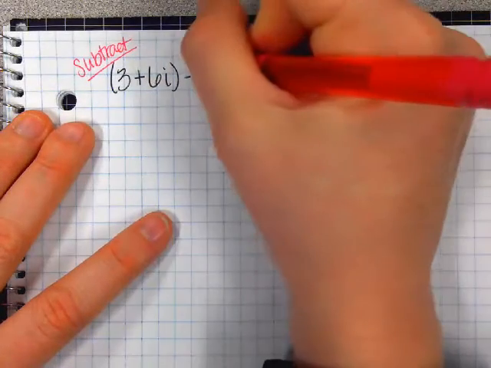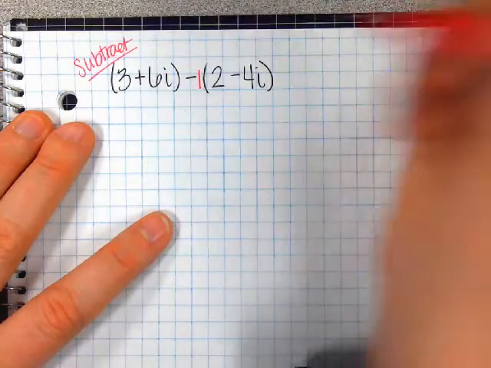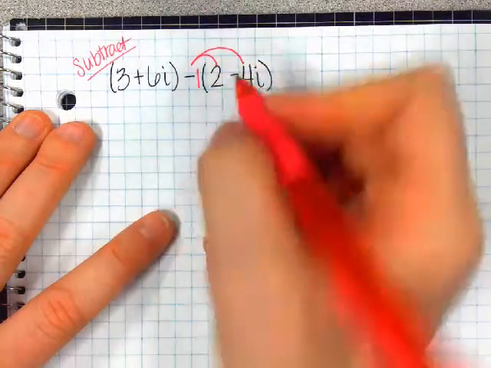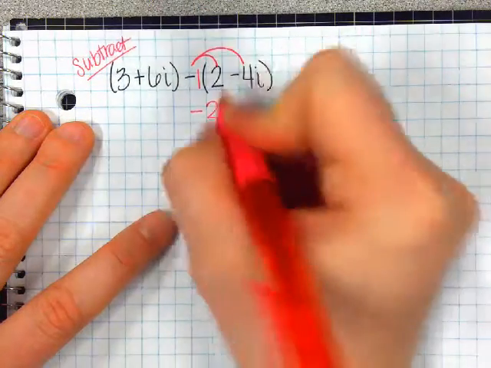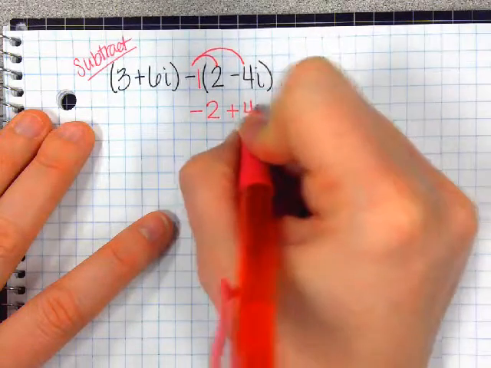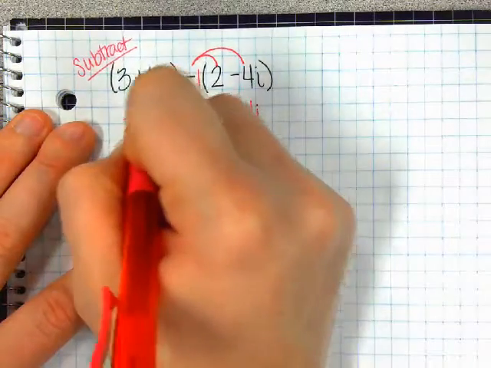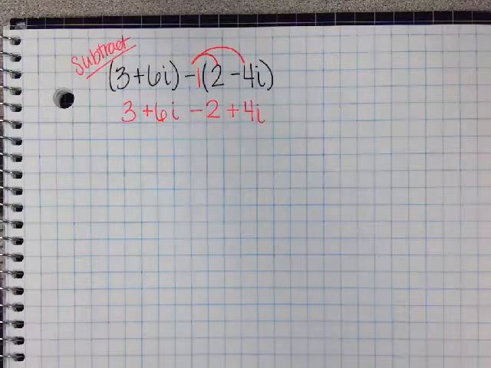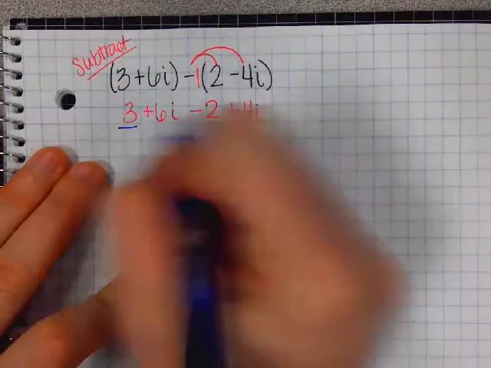Okay, so remember when we subtract this parentheses, it's almost like there's a -1 right there. So I need to distribute the negative. So -1 times 2 is -2. A negative times a negative is a positive, so it'd be positive 4i. So it'd be 3 plus 6i minus 2 plus 4i.